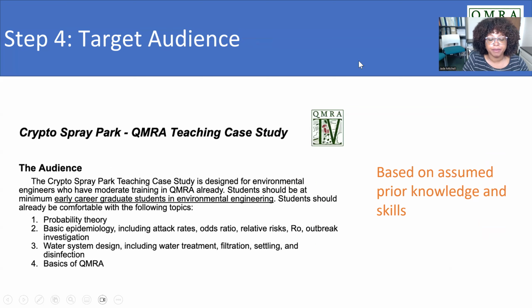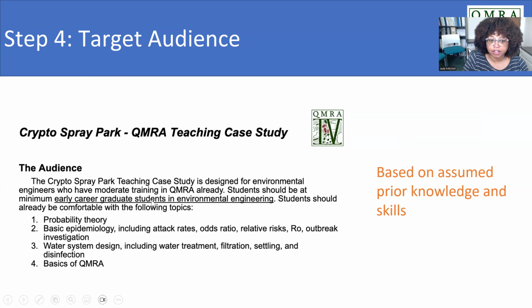The fourth step in development of the teaching case study is identifying the target audience. So once we've identified the specific learning objectives from the research methods in the research case study, we want to think about what information, skills, or background students would need to undertake this teaching case study effectively.